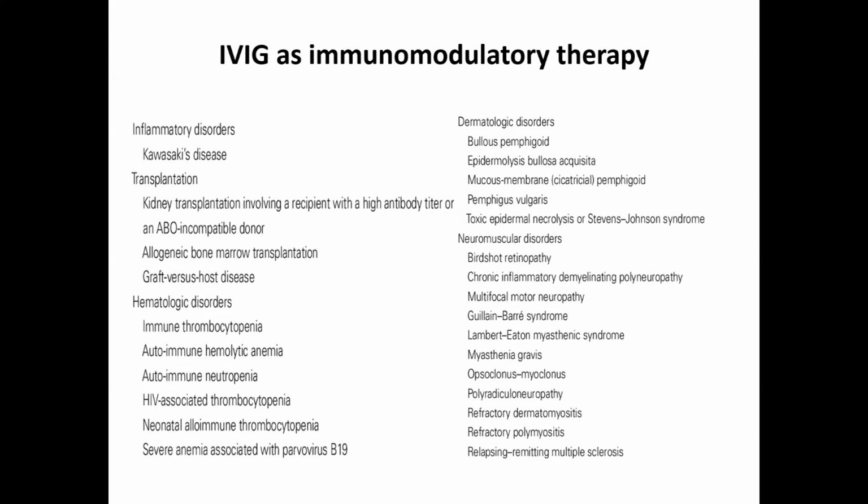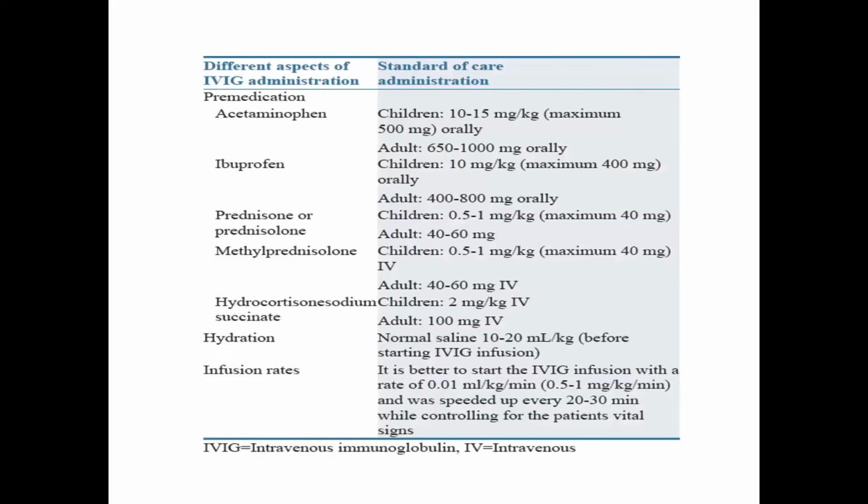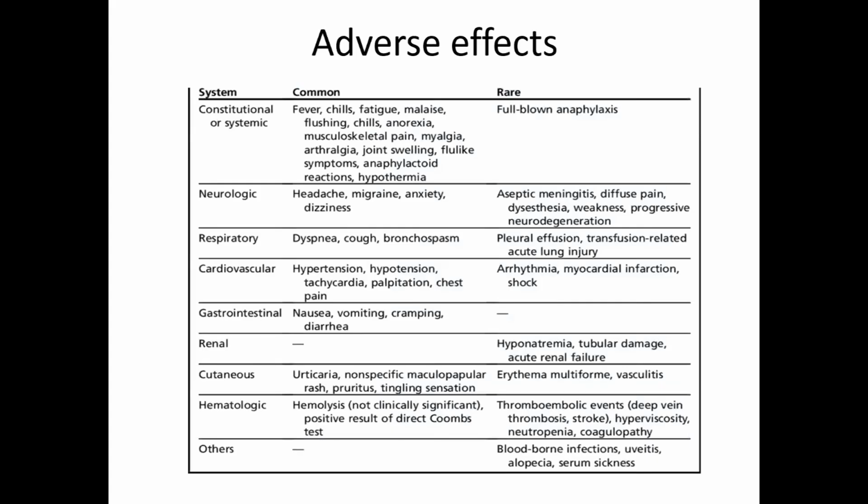So there are different aspects of IVIG administration. There are some dosage recommendations. These are not that important for the EDIC exam, I guess. And these are the adverse effects associated with IVIG. IVIG therapy may be associated with adverse effects like hyperviscosity syndrome, thromboembolic events, and acute renal failure.